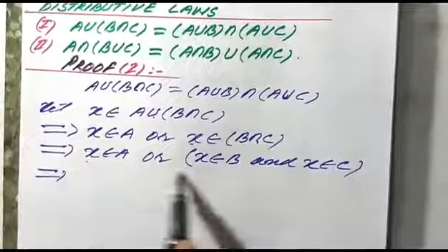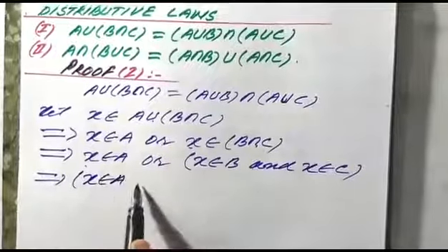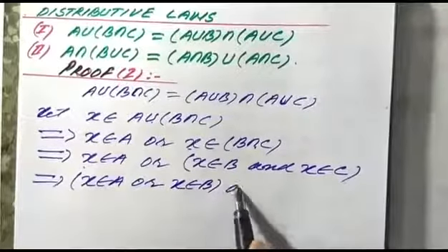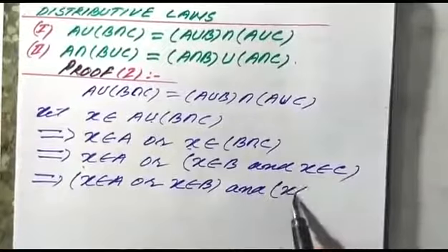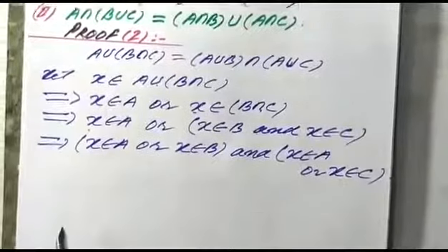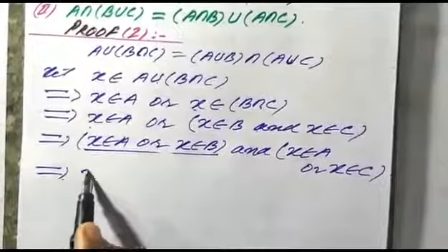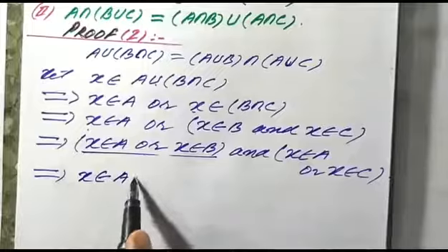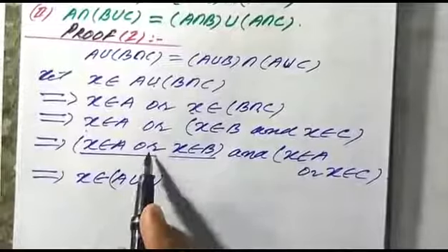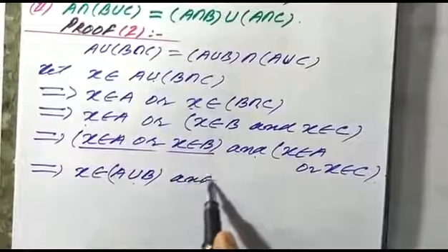Now we may write this statement in two parts: X belongs to A or X belongs to B, and X belongs to A or X belongs to C. It implies that this statement may be written as X belongs to (A union B), because for the word OR we use the operation union, and AND stays as it is.